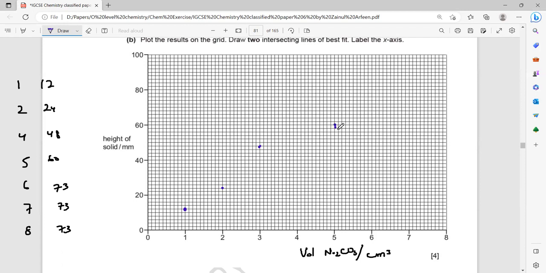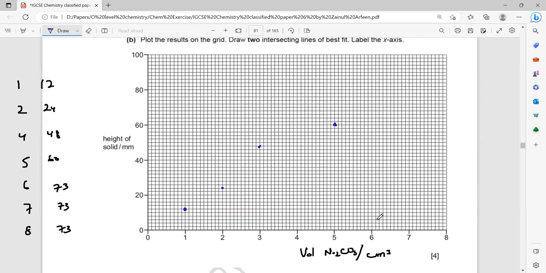So this one is 5 and 60, this point. So this looks 5 and 60.